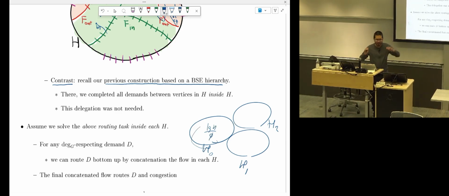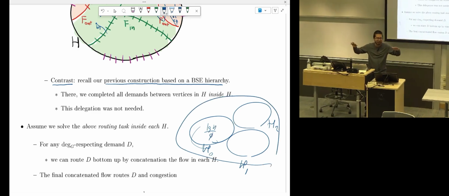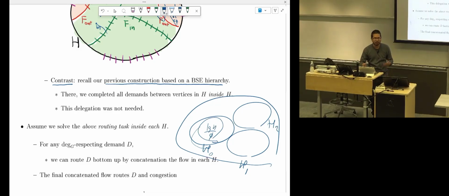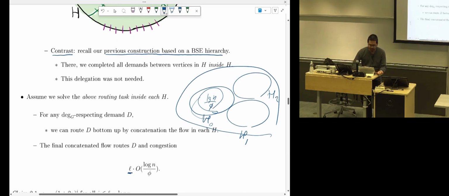But we always route inside the cluster, or we just finish at the boundary. So in total, in one level, it's just 1 over phi. There is no interference between clusters. But then there are log n many levels. So the total congestion is log n times log n over phi. That is L, the number of levels, times log n over phi.